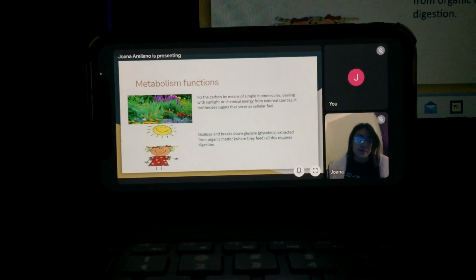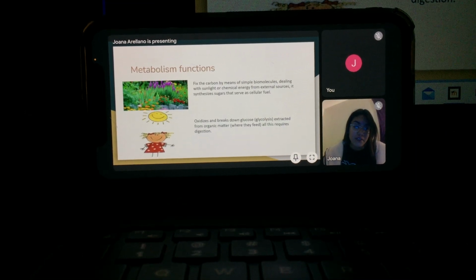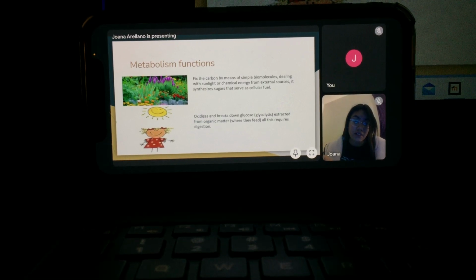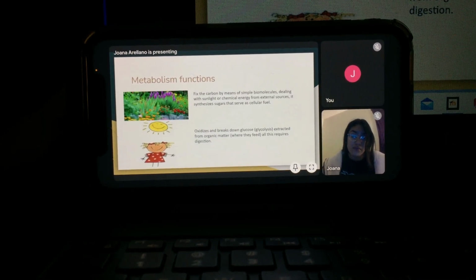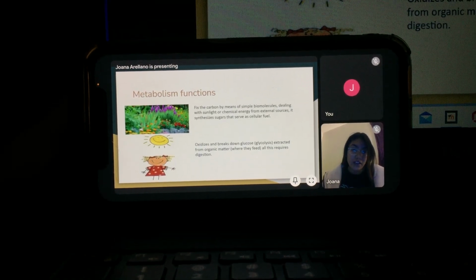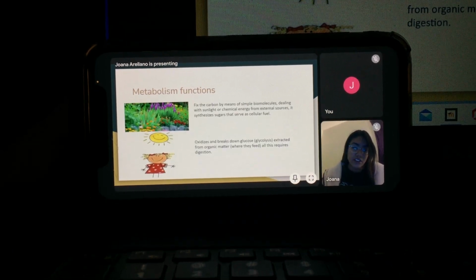And some functions of the metabolism are they fix the carbon by means of simple biomolecules, dealing with sunlight, or chemical energy from external sources.